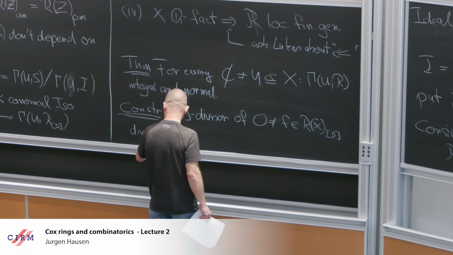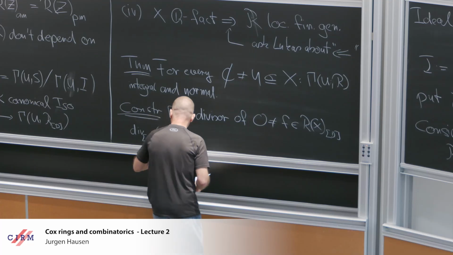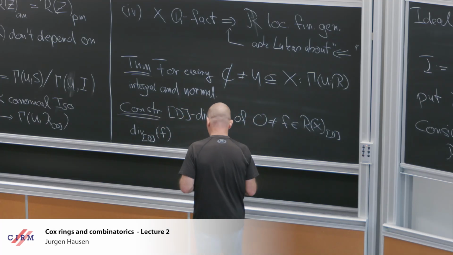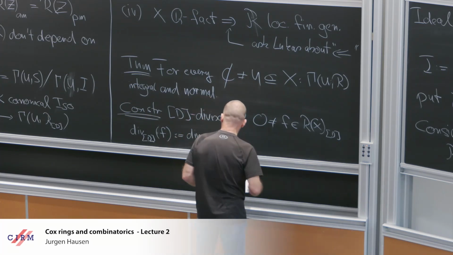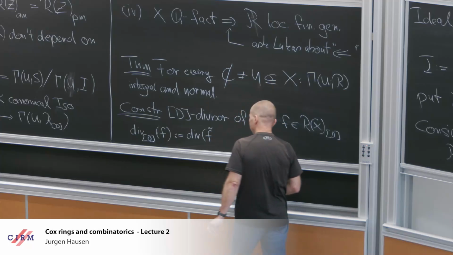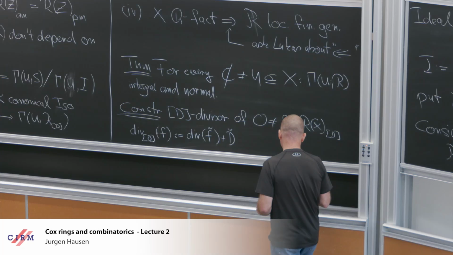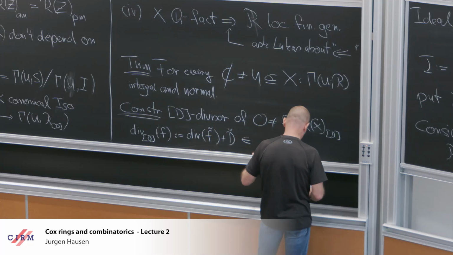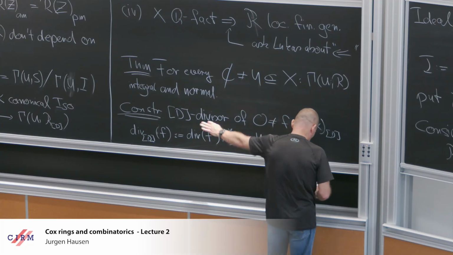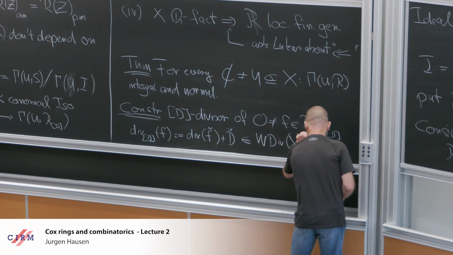The D divisor of this section is defined as the divisor of some f tilde plus another divisor. What are these? I'm going to specify in a second when I have free blackboard. The outcome of this D divisor will be an honest Weil divisor on X, and it will be an effective divisor.